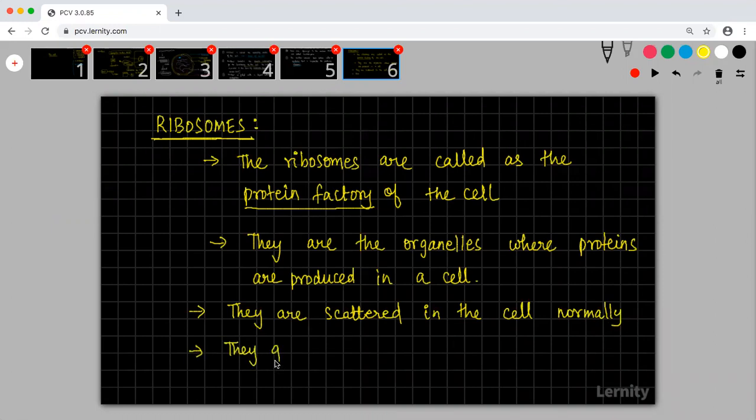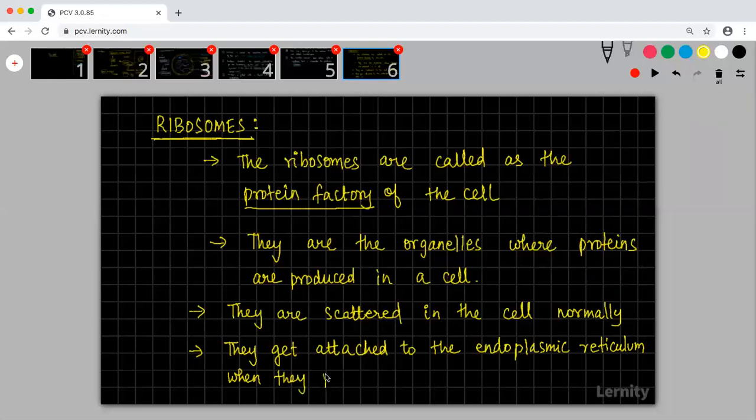They get attached to the endoplasmic reticulum when they want to produce protein.